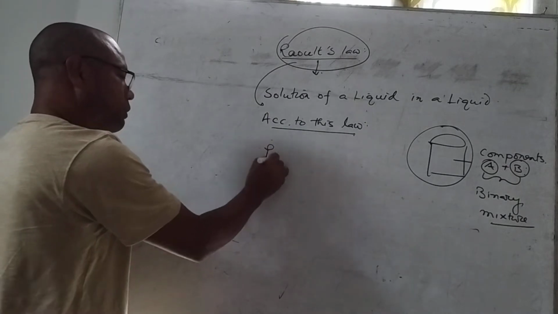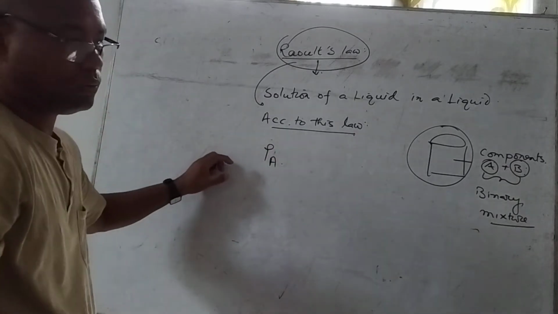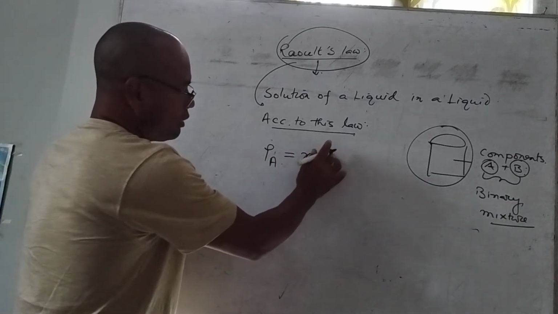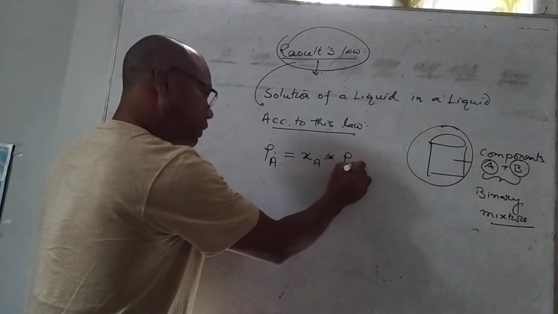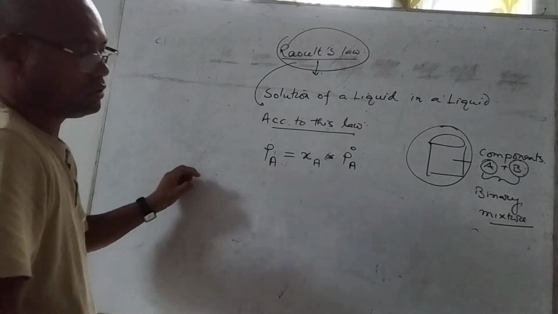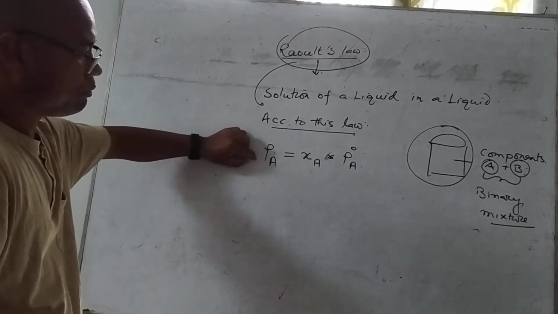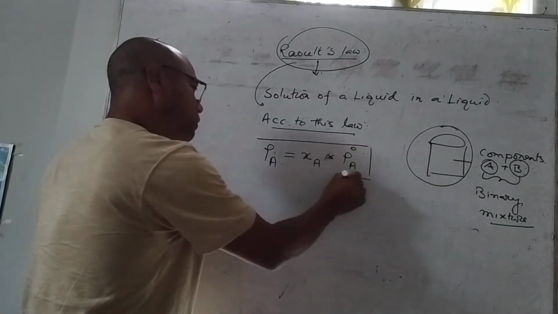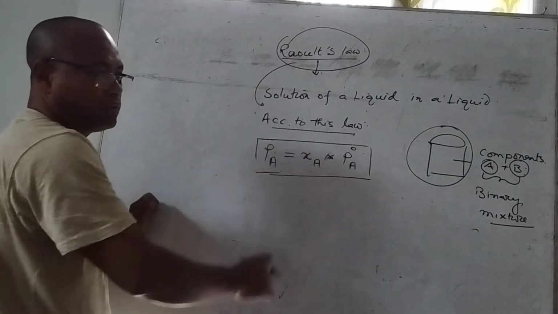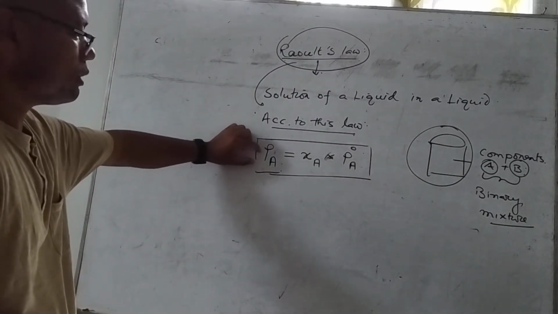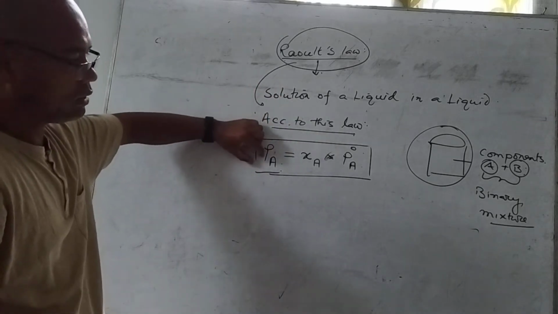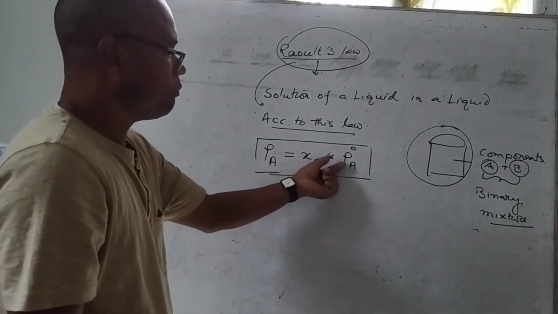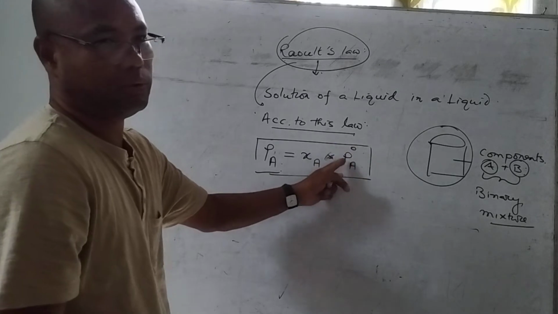The vapor pressure of component A in the solution is the product of the mole fraction of component A and the vapor pressure of component A in the pure state. This is the simple equation which we can derive from Raoult's law.